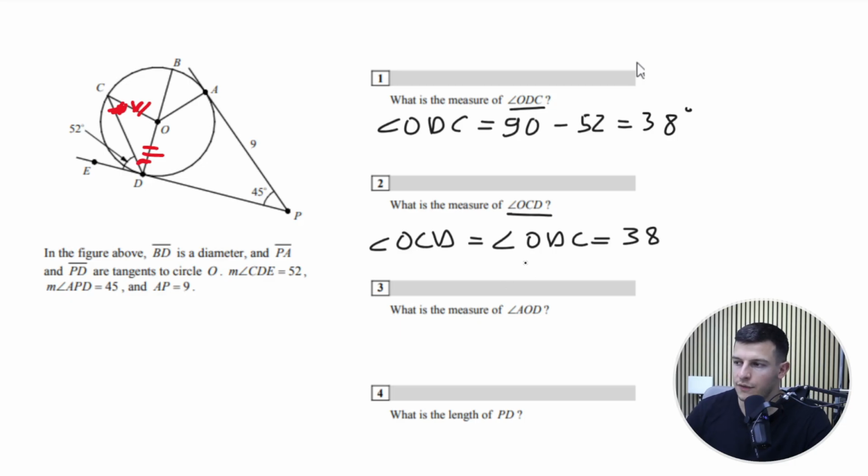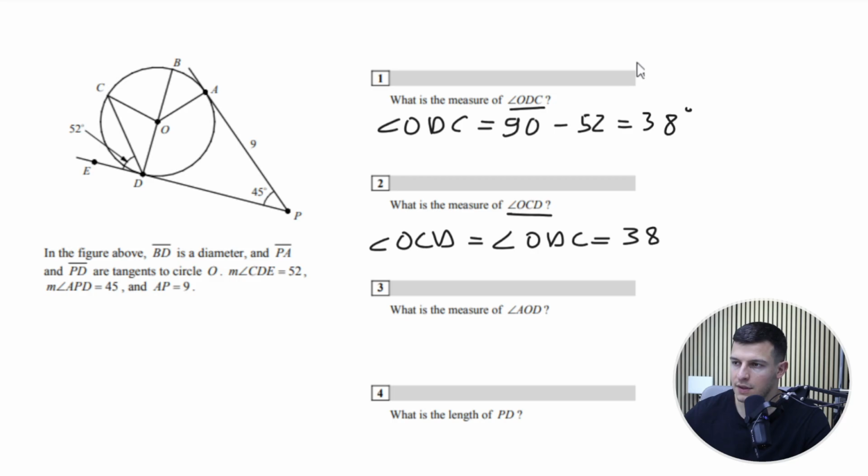What is the measure of AOD? Where is AOD? AOD is this angle right here. We know tangents create 90 degrees, so there's 90 here, and there's 90 here. This is a 4-sided polygon, so we know internal angles should add up to 360, or the angles opposing each other should add up to 180 degrees.